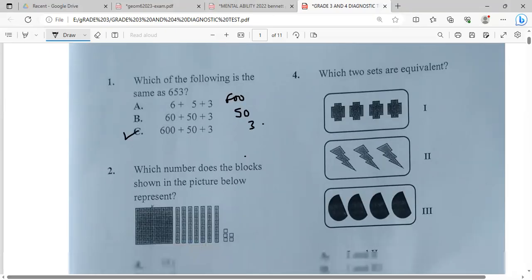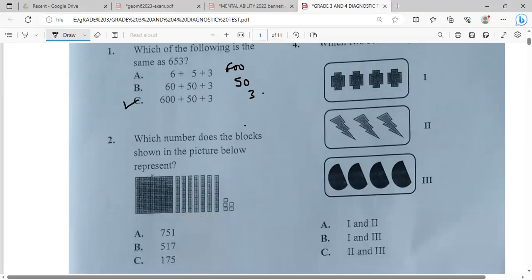All right, number two says, which number does the block shown in the picture below represent? Let's see, we have stocks of 1, 2, 3, 4, 5, 6, 7, 8, 9, 10, and then another 10, so this is 100.